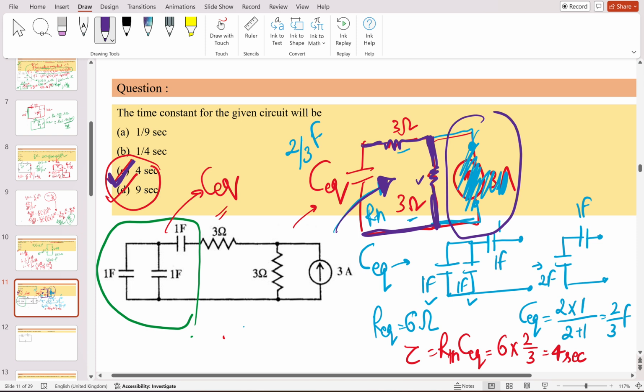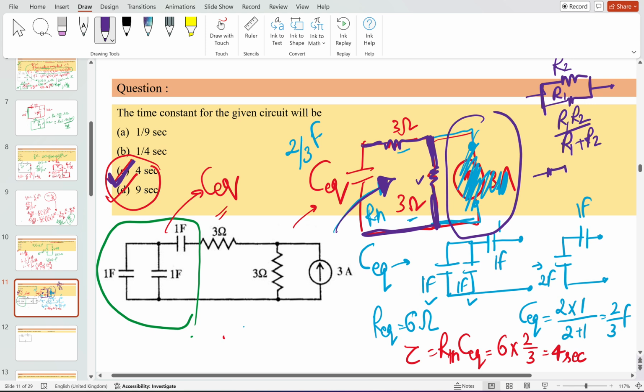Sir, if impedance is parallel, we should use Z1 Z2 by Z1 plus Z2. That's true. When the impedances are in parallel, suppose these two resistors are in parallel, you will use simply the equation R1 R2 divided by R1 plus R2.